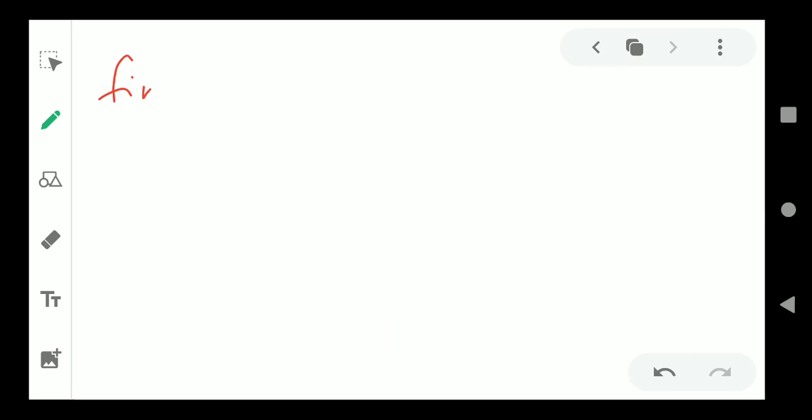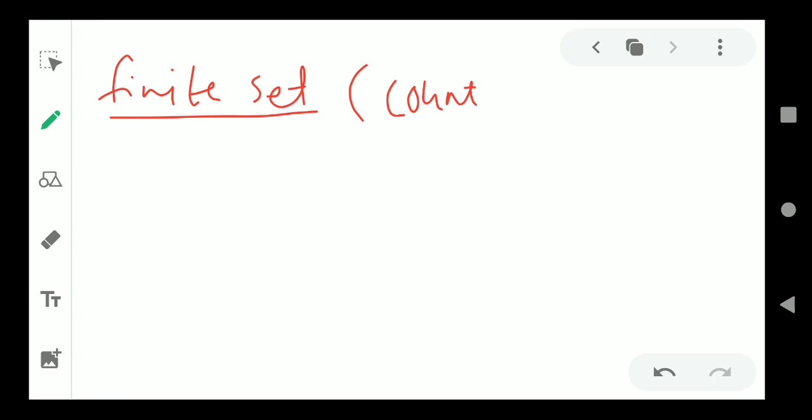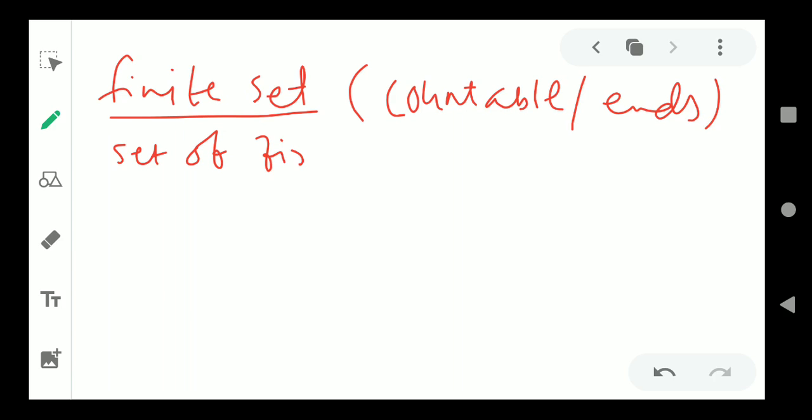Look, finite set. We know finite means countable. If we can count the number of elements up to a certain range, or counting ends, that is called finite set. Suppose the set of first 3 natural numbers.